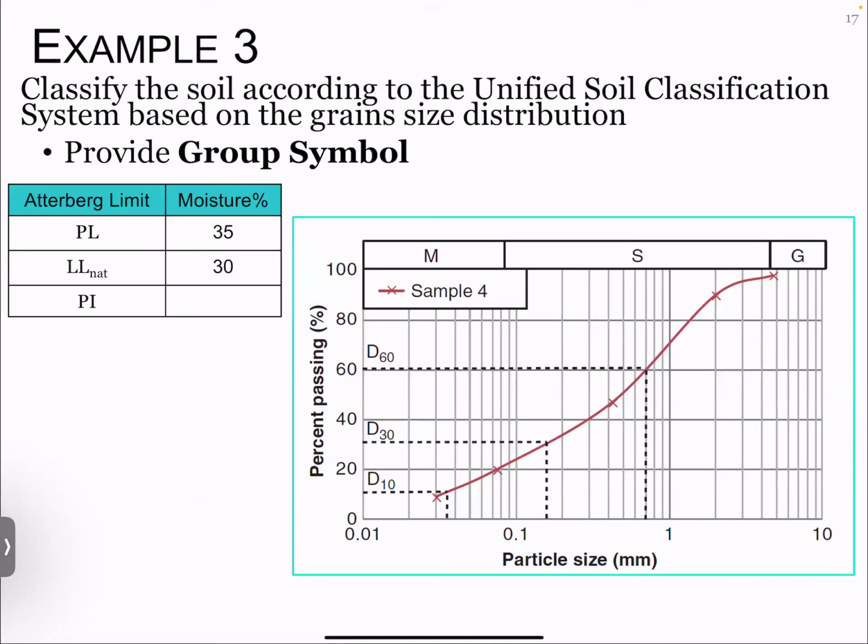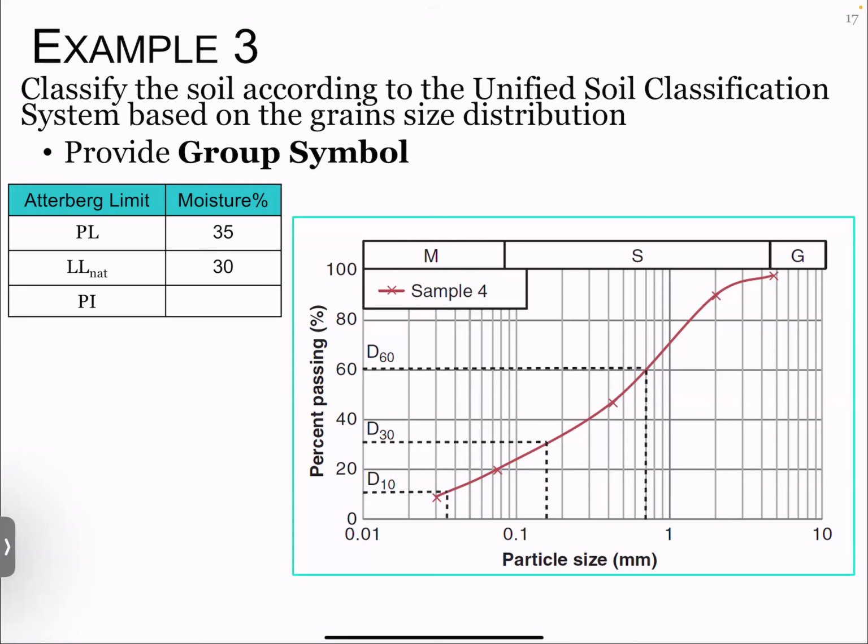All right, let's look at example 3 here, where we are only asked to find the group symbol. In this case, this is a new one. I added this one.